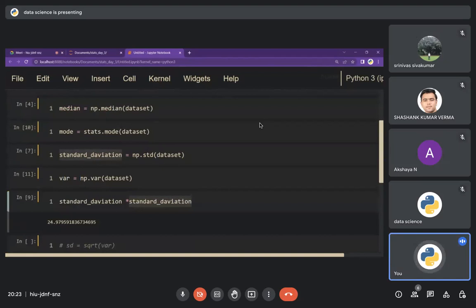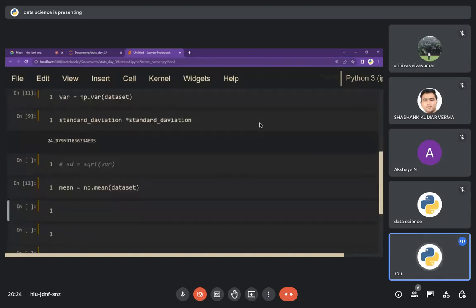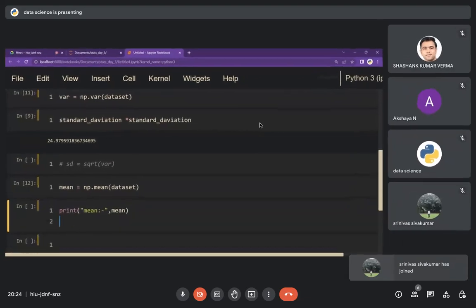So we have the variance, and now the only thing we don't have is the mean, right? How can we calculate the mean? np.mean is the formula, and here we can pass the data set, and we are good to go. Now I can print. I'm going to write mean, comma mean.